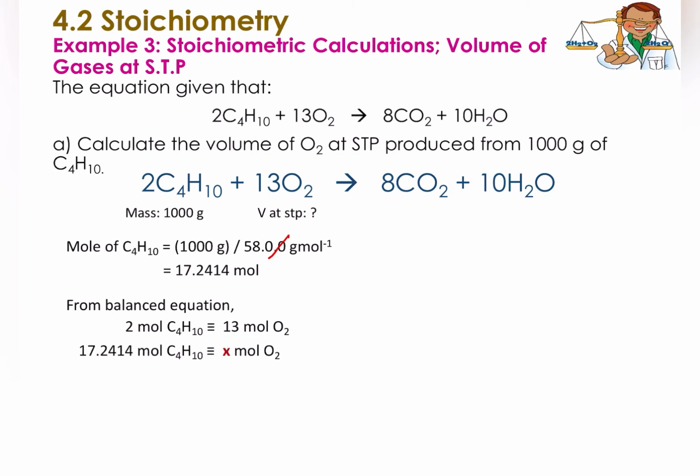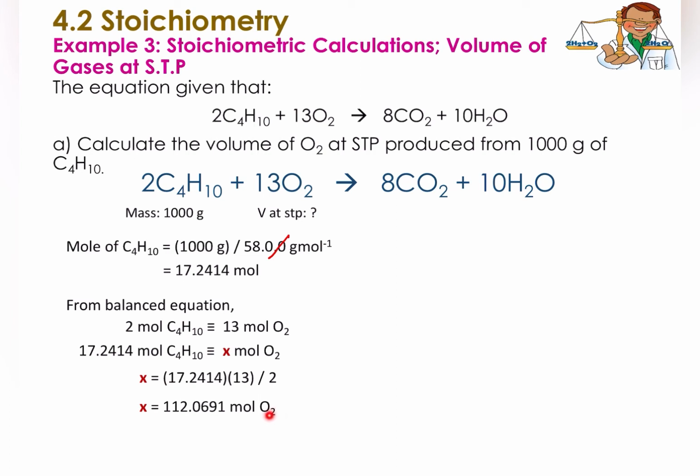So this is the second line for my stoichiometry. And then I rearrange to find out the value for X, which is 112.0691 mole of oxygen. I know the value is very big, but if you got the correct way of calculating that, which means you are still on the right path.